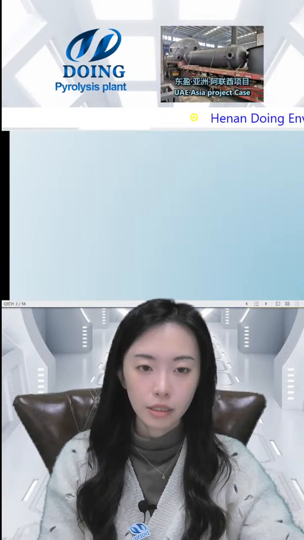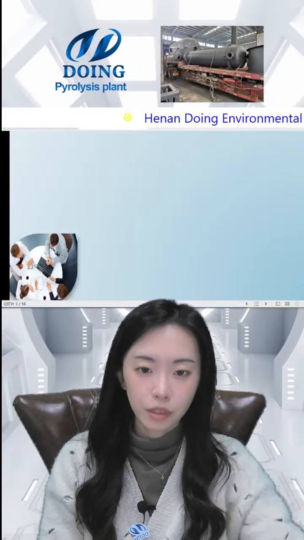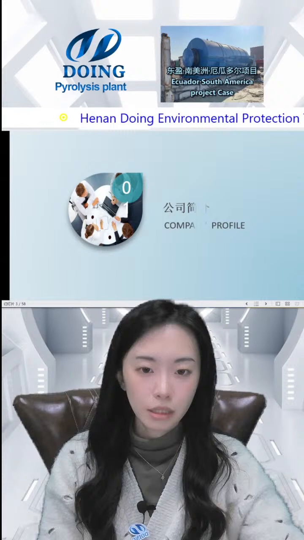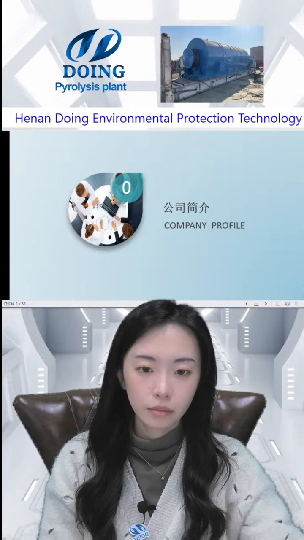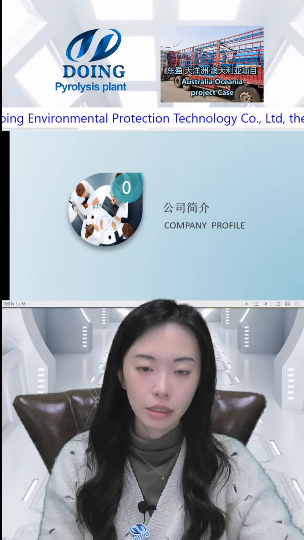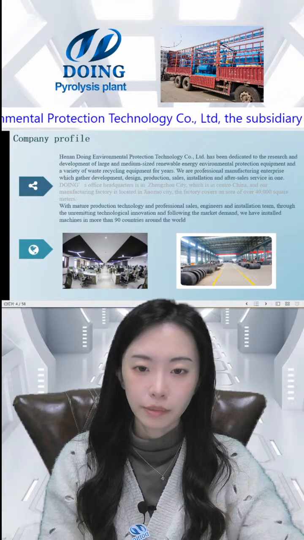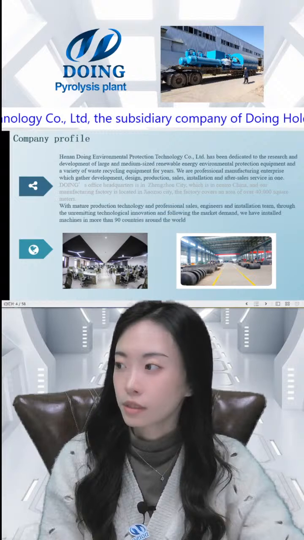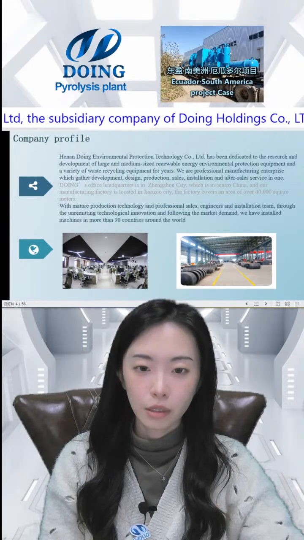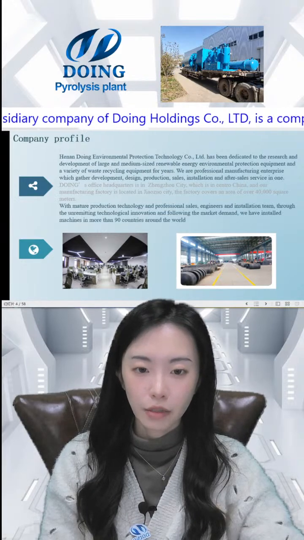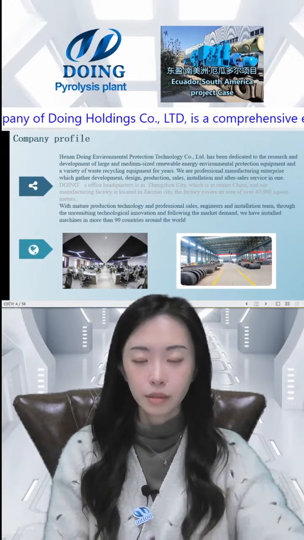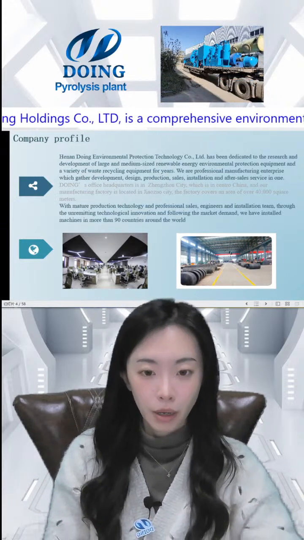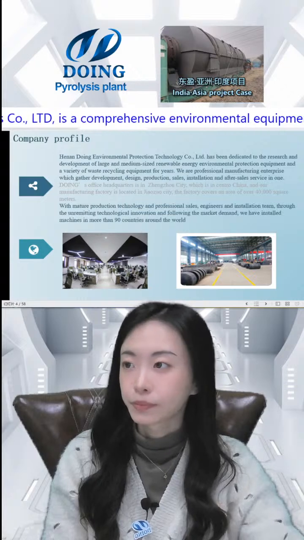Okay, now let's start from the equipment first. These are the three equipment and some profile of our company. You can see the left one is a picture of our company, and here is the factory, the main workshop, the pyrolysis plant furnace.